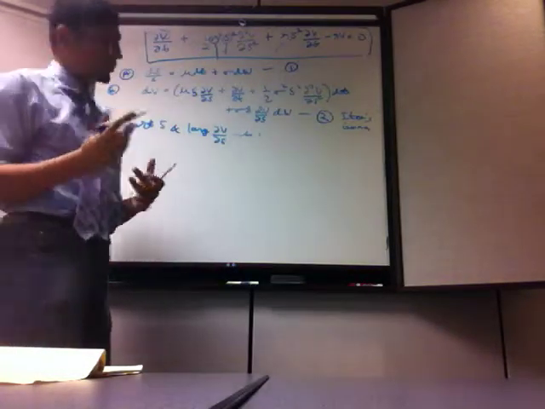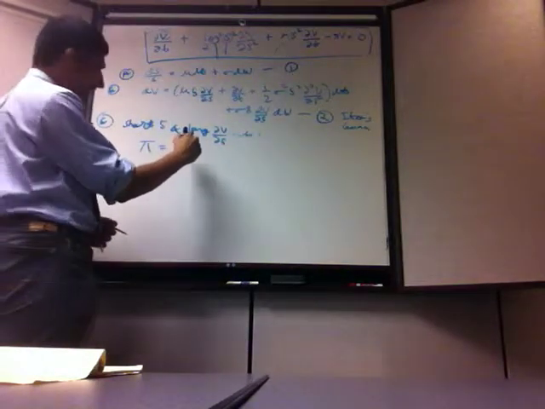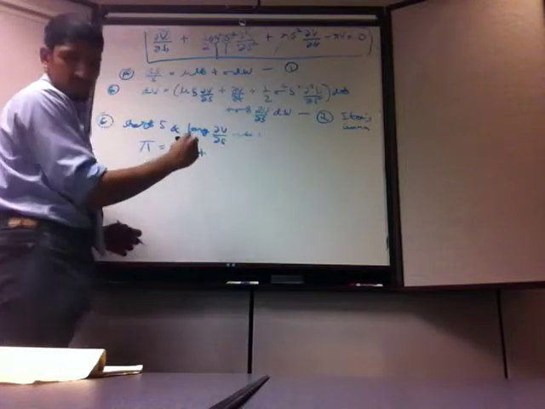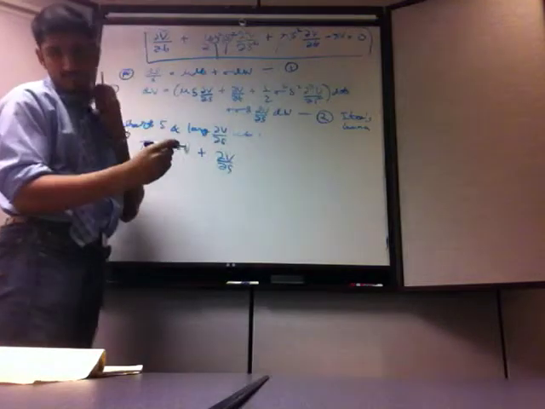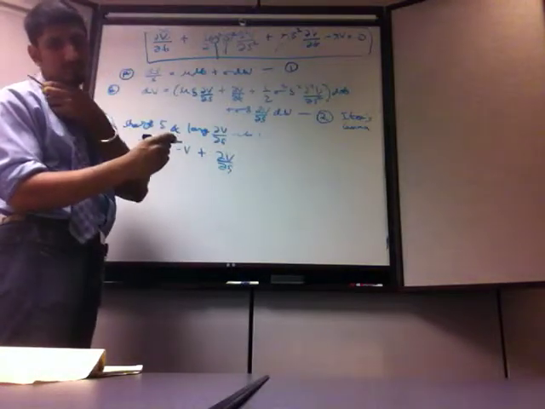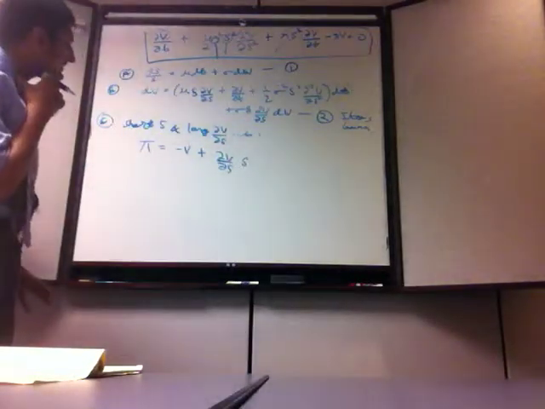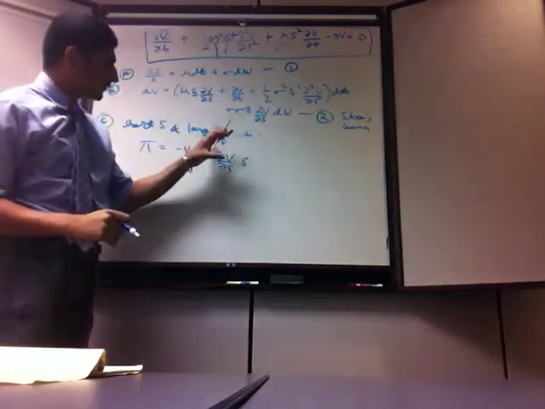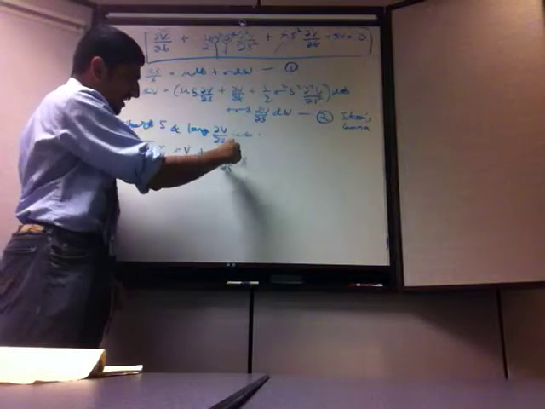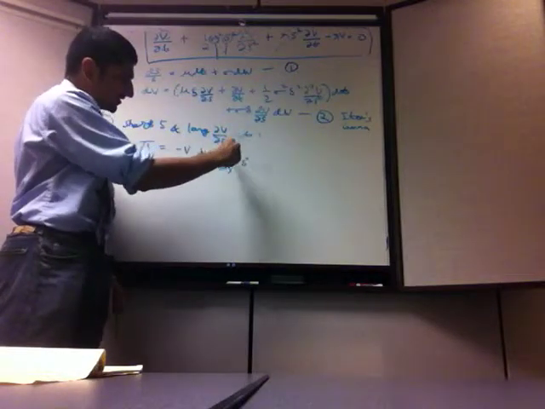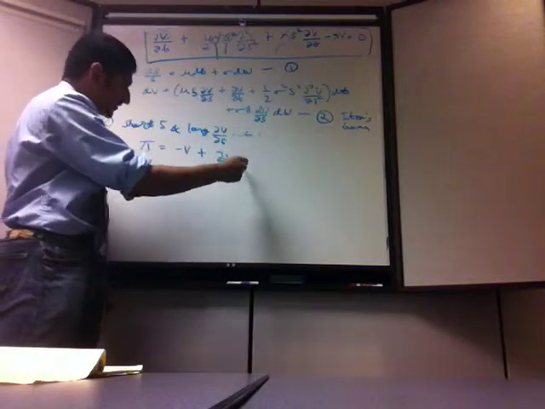Now the value of this portfolio, let's call it pi, is going to be minus V plus dV by dS times S. Why is that true? When you've longed something, you've bought it, right? So you have these many shares. You've longed these dV by dS shares, and so what you really have is dV by dS times the price of a share.